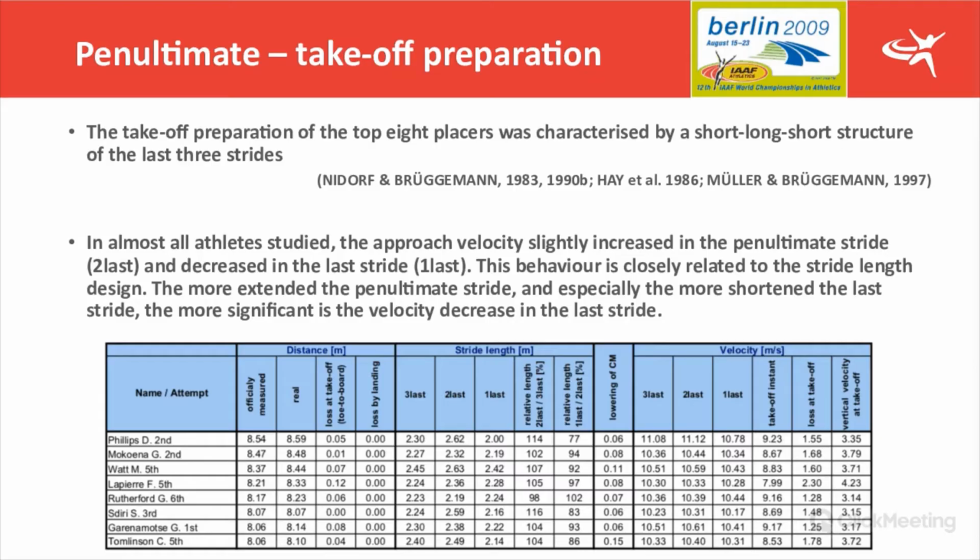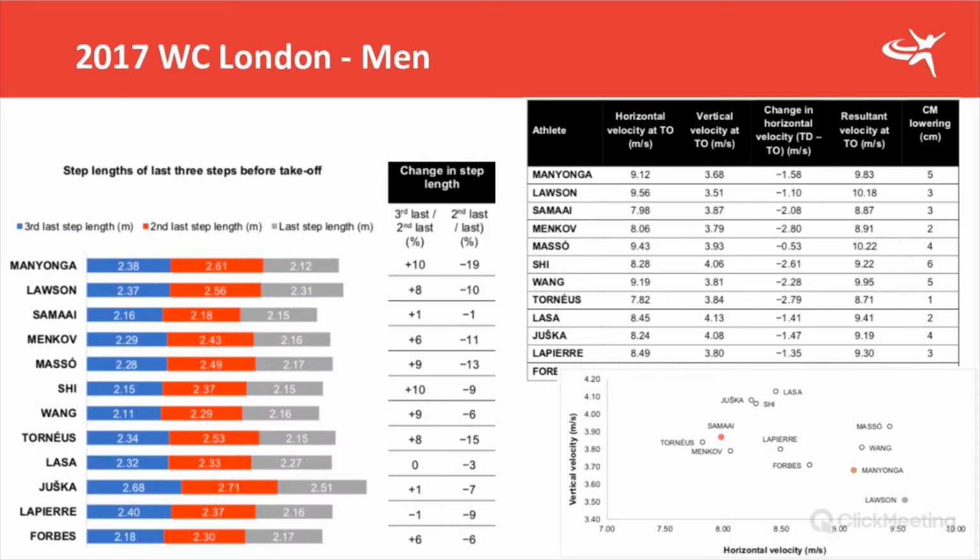And again, there's always one that defies the rules. Short, long, short, and Lapierre goes long, short, long. If you look at the data, Fabrice there: 240, 237, and then 216. But I think in some competitions with Fabrice, Frank, you're right, he uses a huge last stride to generate huge vertical lift.